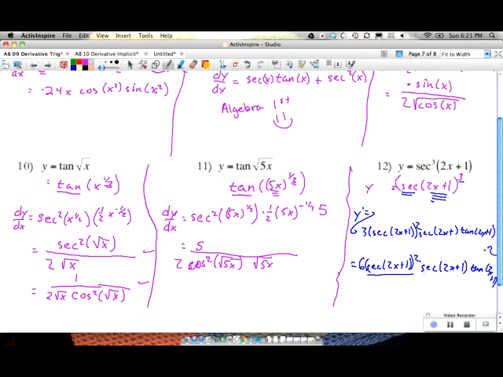But wait a second, I see secant times 2x plus 1 to the second power, and this one's to the first power. I could put those together, and this would become secant cubed 2x plus 1. We got this 6 out front. Times tangent 2x plus 1. This is definitely what it would probably simplify to.